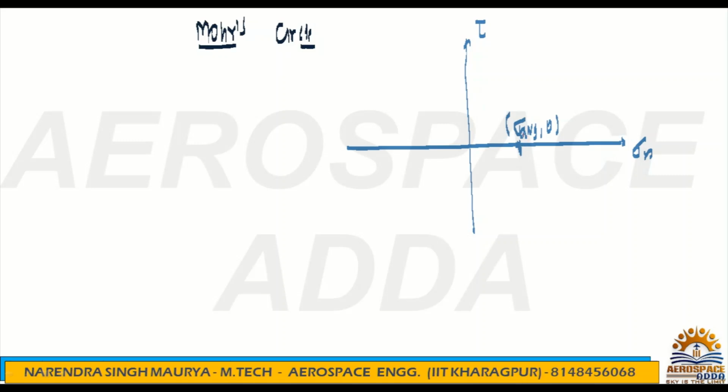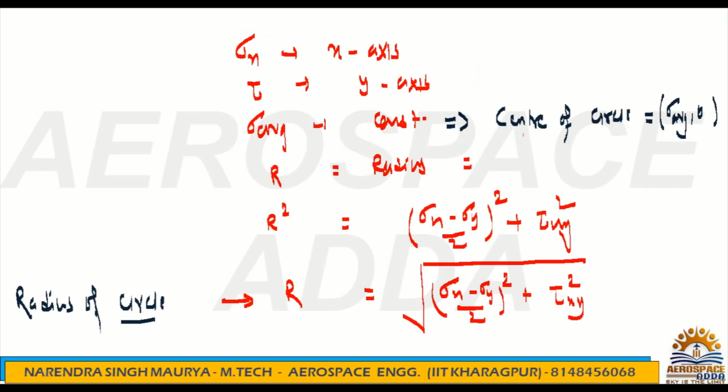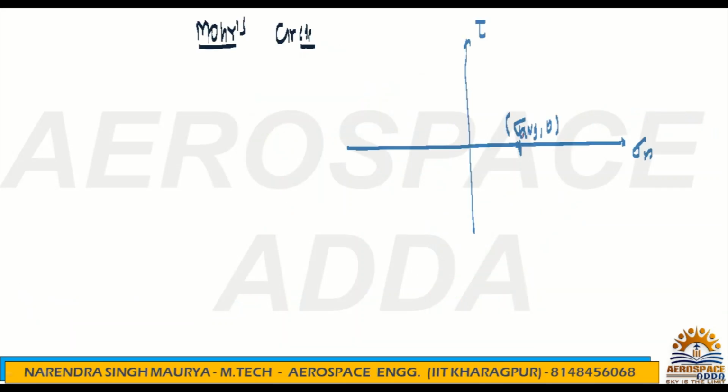Sigma average is not a radius, because radius is square root of (sigma x minus sigma y by 2) whole square plus tau xy square. So radius and average, both values are totally different. Hence you cannot say that the circle will pass through the origin. That circle can be anything. So I'm just making the center of this, and I can say now this is my circle. That circle can be anything, but the center should be sigma average comma 0. That is my point.